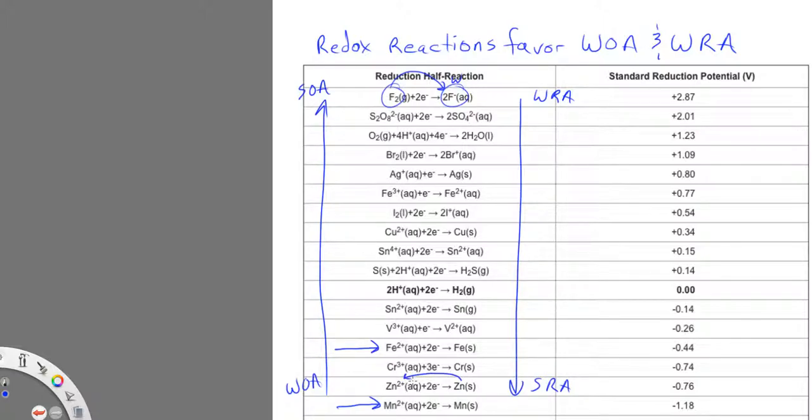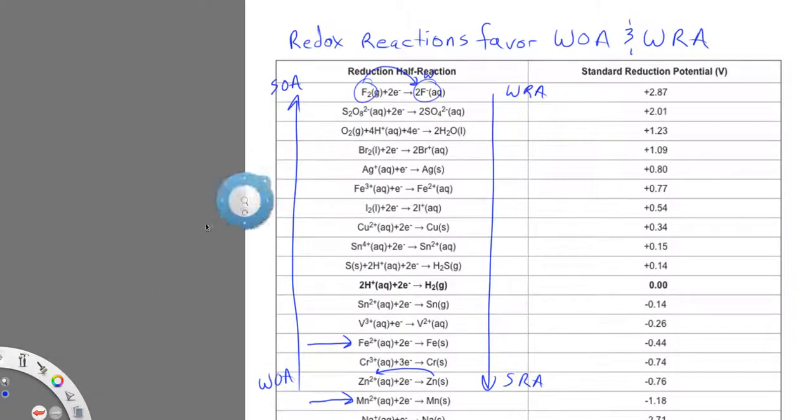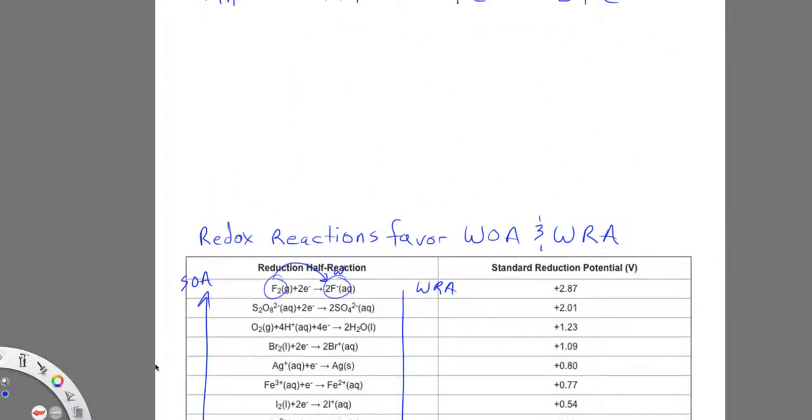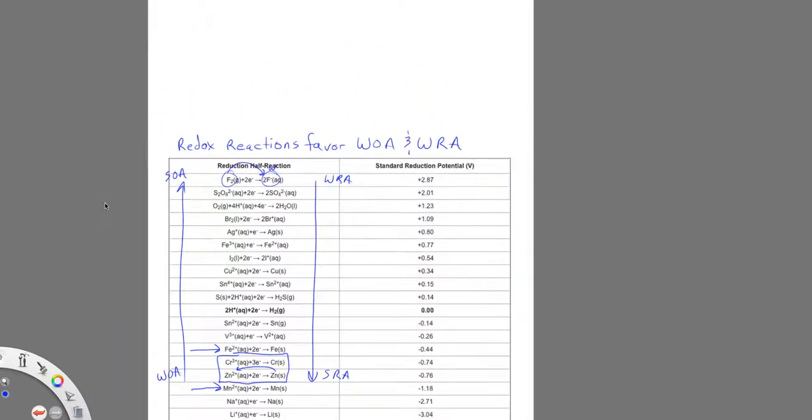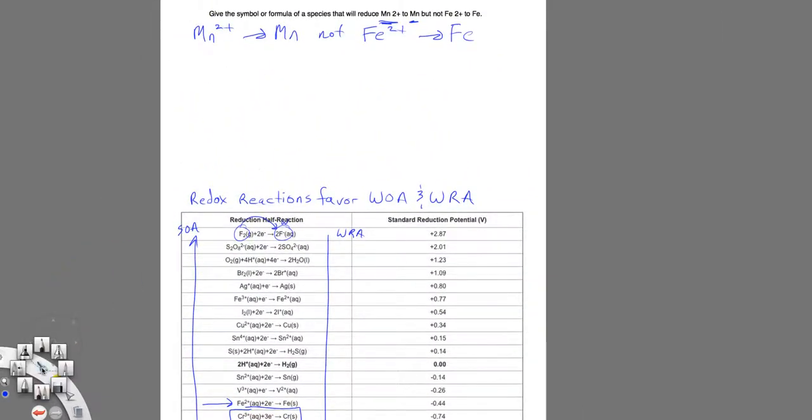All right, so let's just take a look at these two reactions. We've got something in between them. We've got these two. So what we're looking for is something that will reduce.